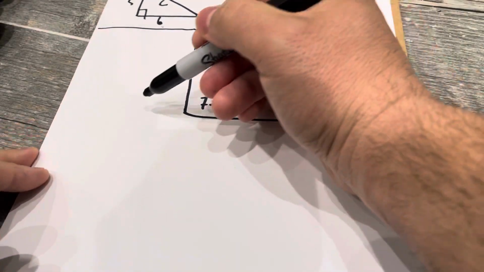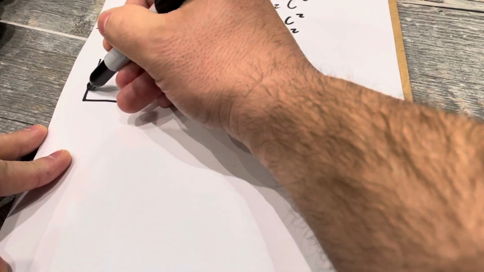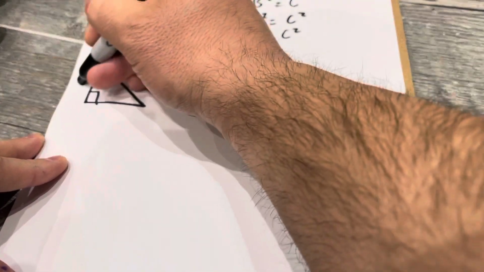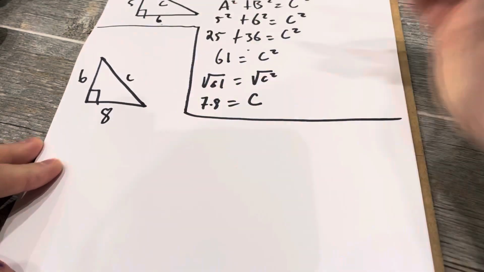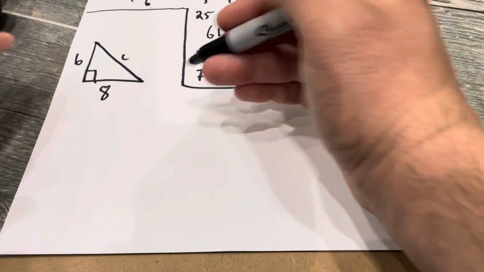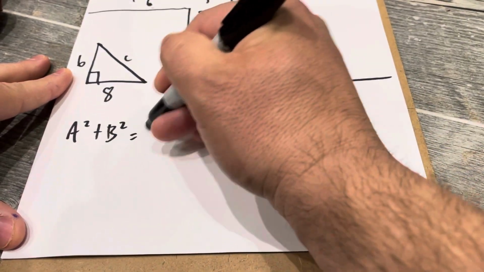So I just drew a line to separate it. For the easier one, we're going to do the same thing. Get a right angle on the triangle, and for this one over here, we're going to have 6 and 8, and then this is going to be c, like I said before. So our equation, once again, is going to be a squared plus b squared equals c squared.